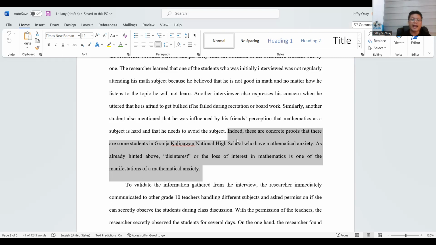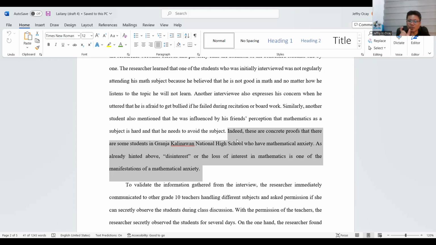Right? And another reason why we need to provide some proofs, especially in research, is that if there are no students in Granha Kalinawan National High School who are experiencing mathematical anxiety, then we don't have respondents in the first place.